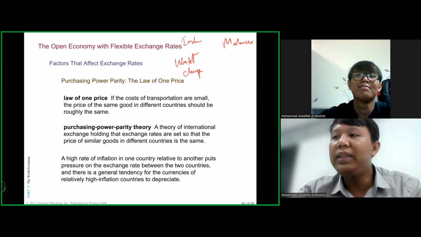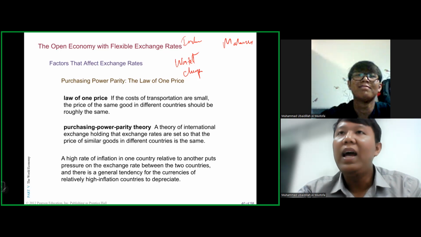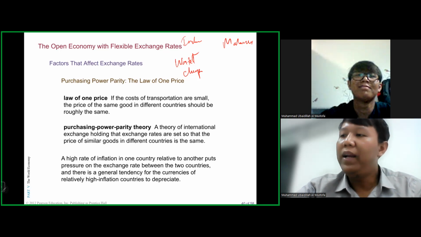There is a general tendency for the currency of relatively high inflation countries to depreciate. Why does that happen? For example, Indonesia is selling water, but now we have inflation, so our water becomes more expensive.